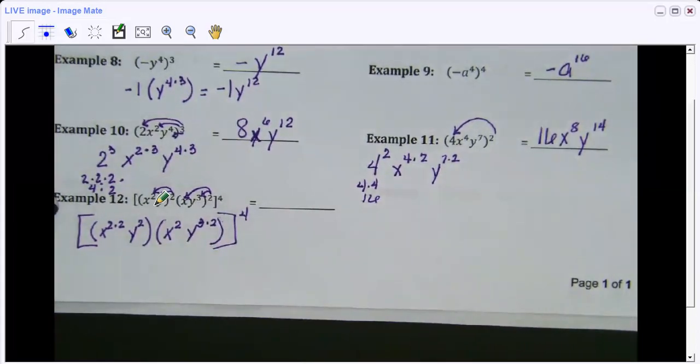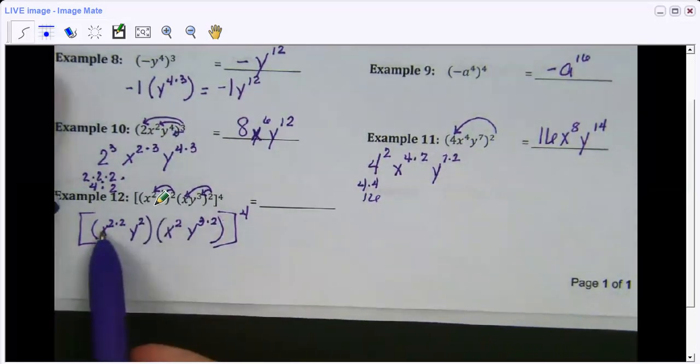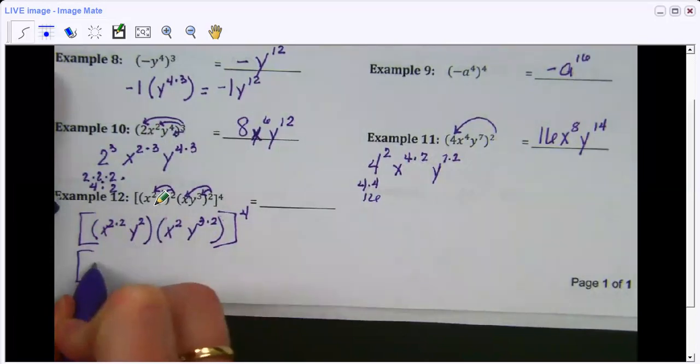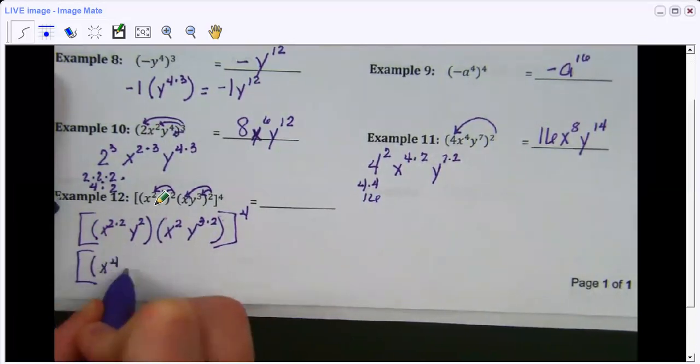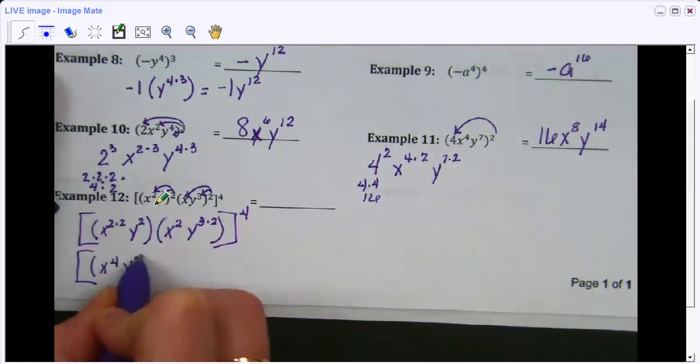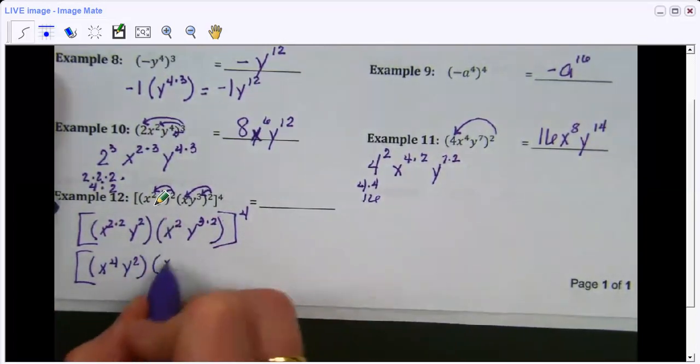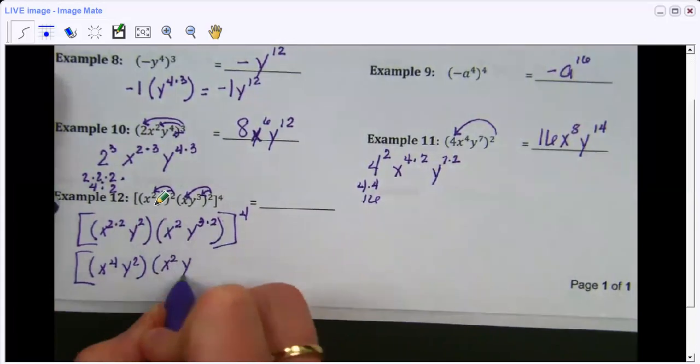Now we have to simplify these terms, then multiply them, and then apply the power of 4. So x to the power of 2 times 2 is x to the power of 4, y squared. And then in this next one, we have x squared, y to the power of 6.